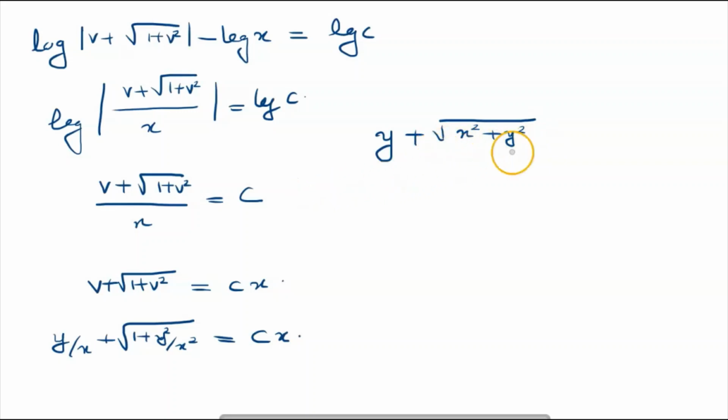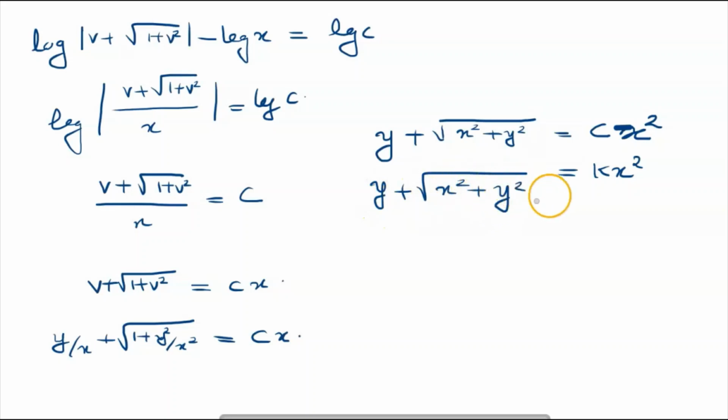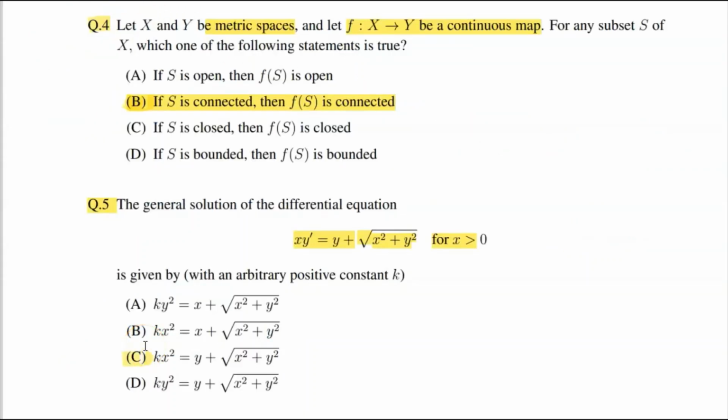Root of x square is x, which we take this side, c into x into x is cx square. The arbitrary constant c we may take as k: k x square equal to y plus root of x square plus y square. That is our answer. So option C is the right answer: k x square equal to y plus root of x square plus y square.